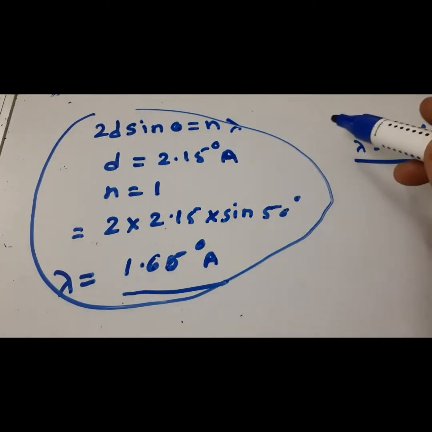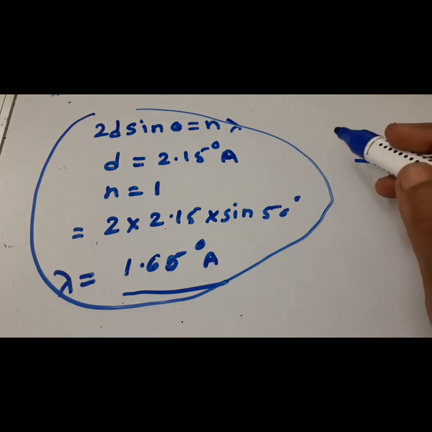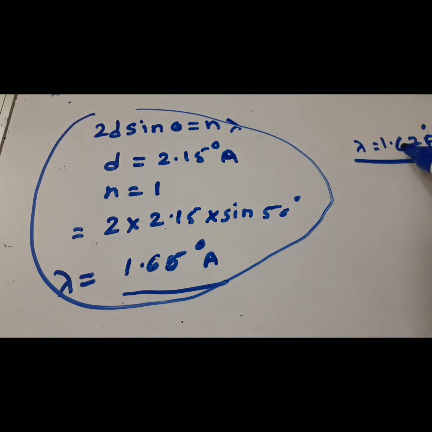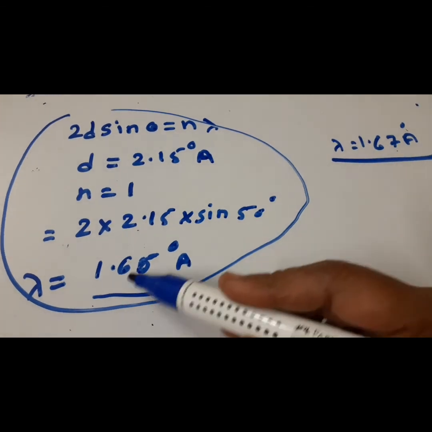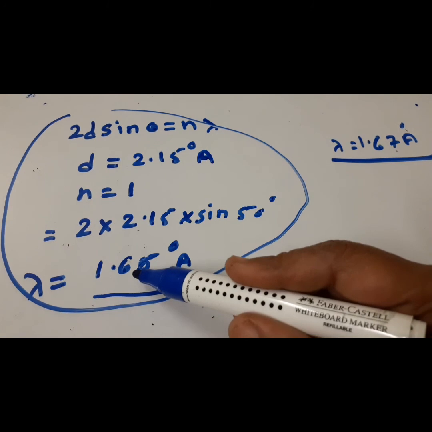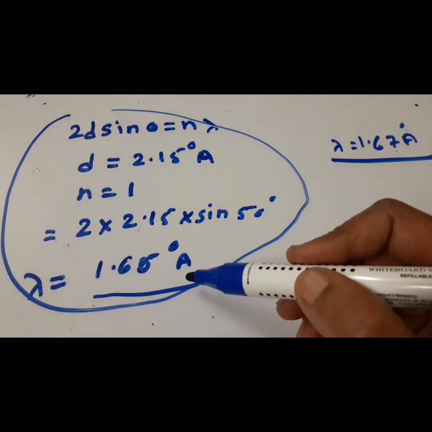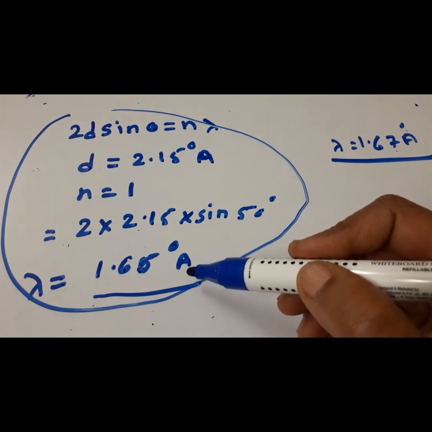Hence from this we have to conclude that the experimental value of lambda has a close agreement with the theoretical value, because the practical value is 1.67 and the theoretical value is 1.65 angstrom unit.